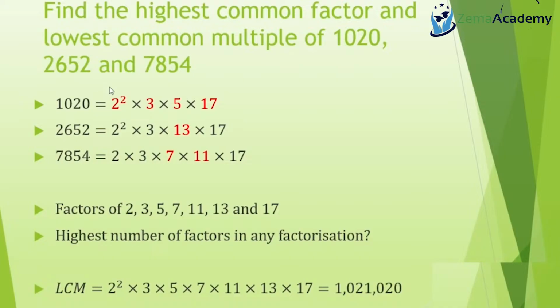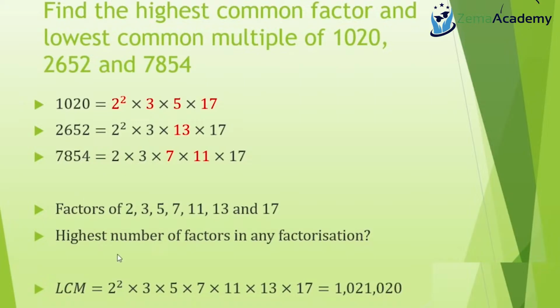It's used in both 1020 and 2652's factorisation, but I've only highlighted one of them. 3 is used just once in all of them. 5 is used just once. 7 is used once. 11 is used once. 13 is used once. And 17 is used once. Now obviously it's in all three things, but the highest number that are used in any of those sums is 1 for everything but 2.